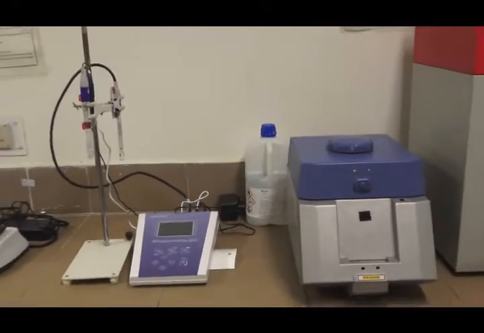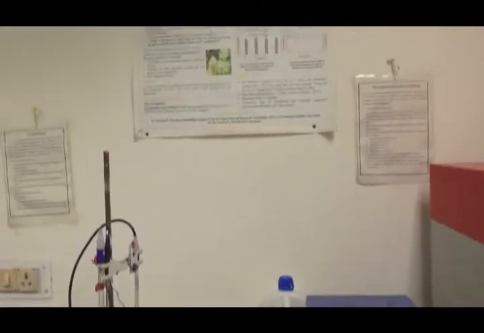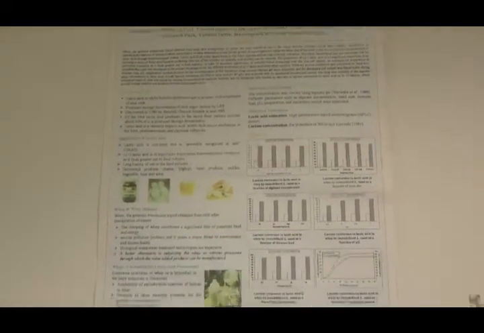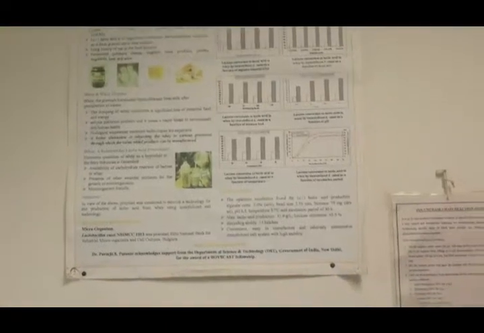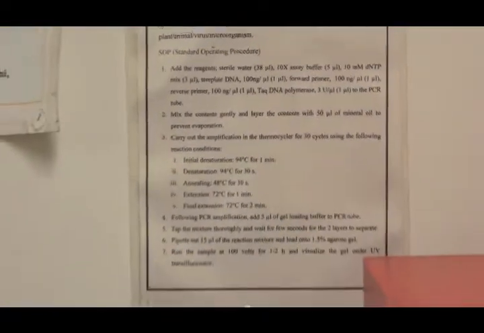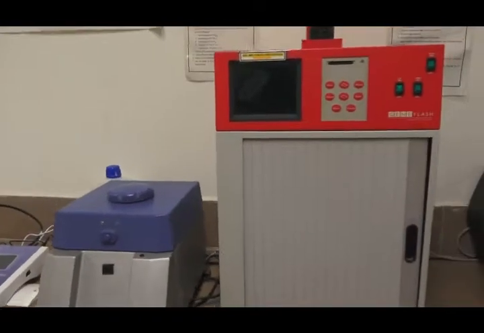This PCR machine is basically used for the in vitro enzymatic synthesis of specified DNA sequences. This gel documentation instrument is used for imaging and documentation of nucleic acids and proteins suspended in various gels like polyacrylamide gel and agarose gel.